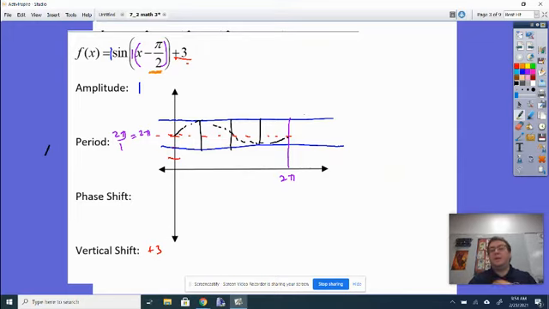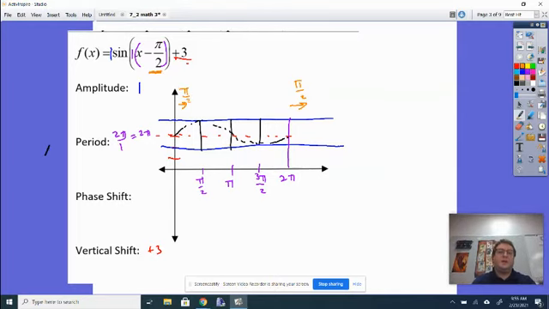Okay, but again, we have this phase shift. So instead of existing right here, it's going to exist over by pi over 2. So cutting this up, right, this would be pi. This would be pi over 2. This would be 3 pi over 2. Okay, so instead of starting at 0, because it's not just the end that shifts over, it's also the beginning that shifts over by pi over 2.